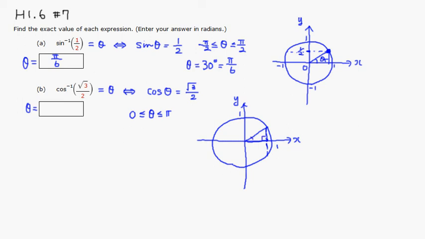This is the theta we're looking for. This is a 30-60-90 triangle, so it's pi over 6 again. So the answer here is pi over 6. I hope that this was clear.